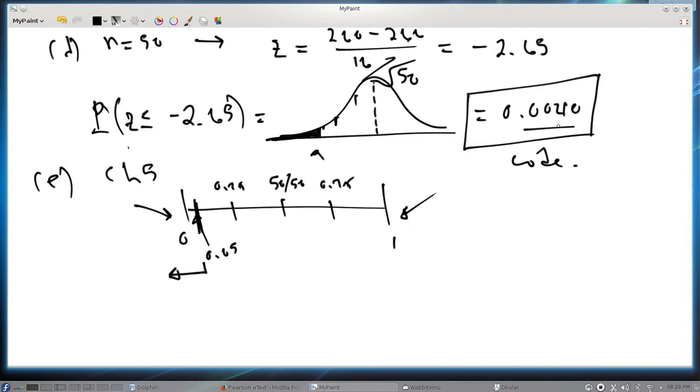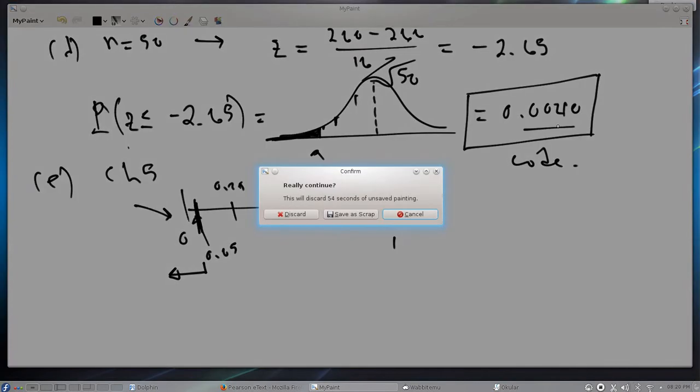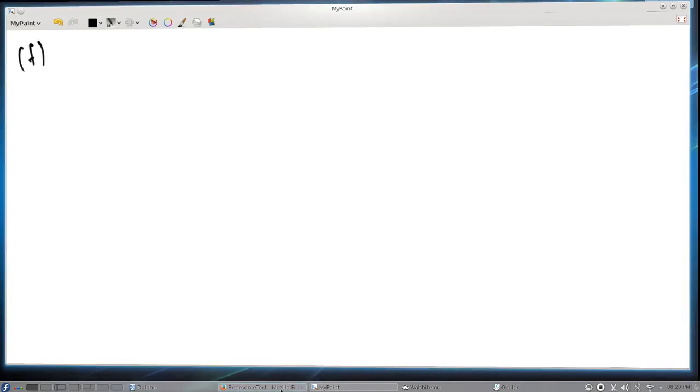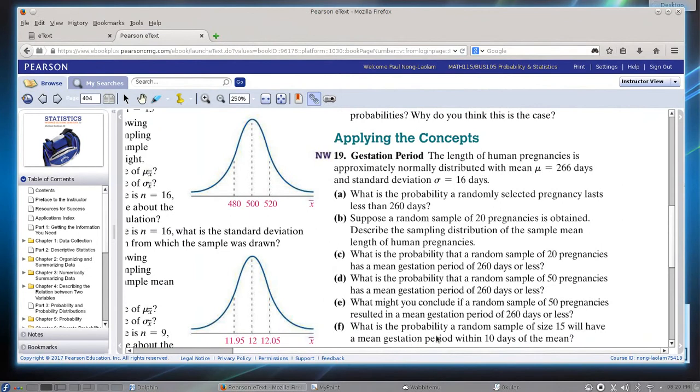Part F is a very important part to look at. So let me show you that with complete detail. Part F, we are basically looking at computing a probability that ranges within 10 days of the mean value.